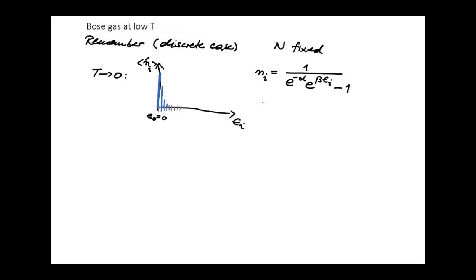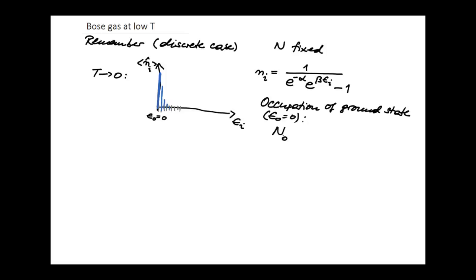In particular, the occupation of the ground state, that is the state with energy 0. The occupation of the ground state, let me denote that by a capital N with the index 0, capital N because we are looking at the scenario where this ground state occupation becomes macroscopic, and therefore it deserves a capital letter.